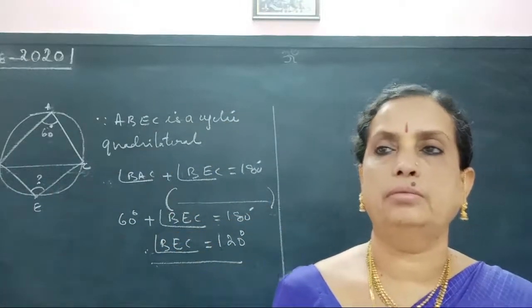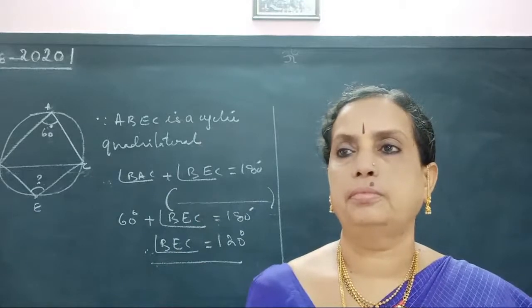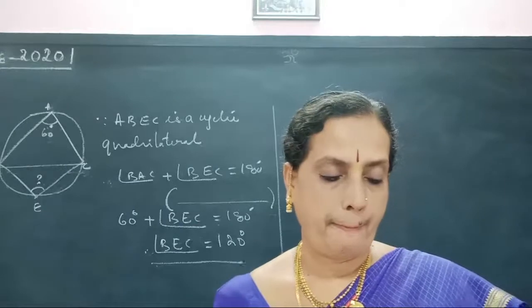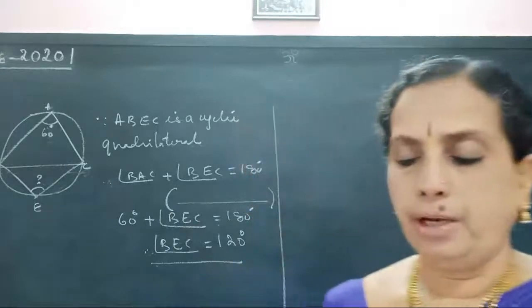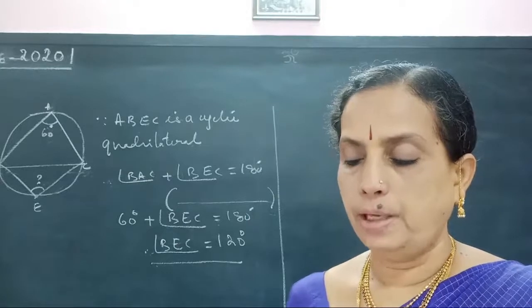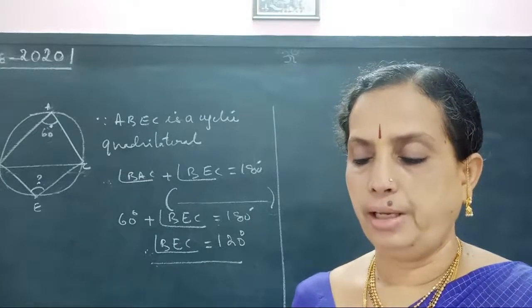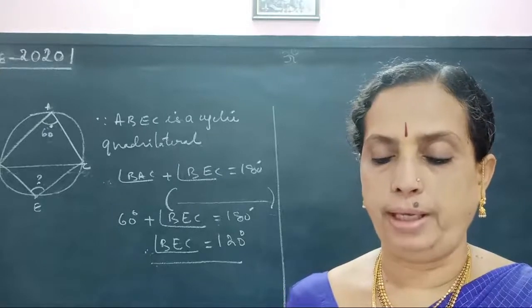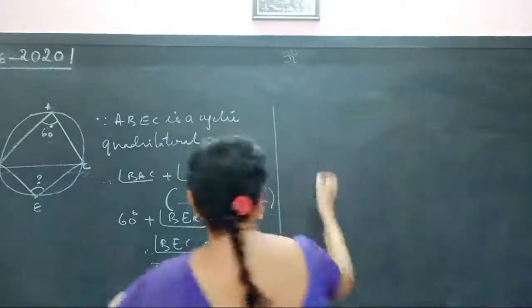Okay? Next question. In the figure, O is the center of the circle, angle BOD is 160 degrees. Find the values of x and y. Get another figure.